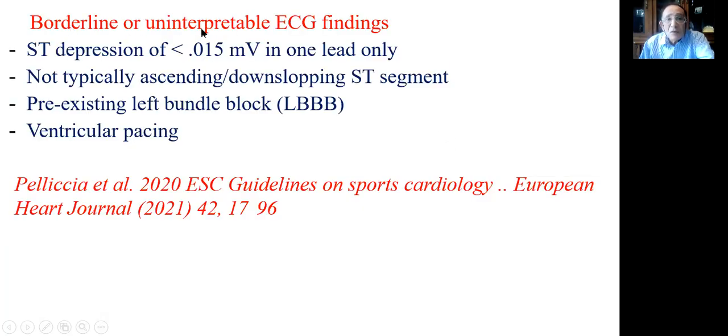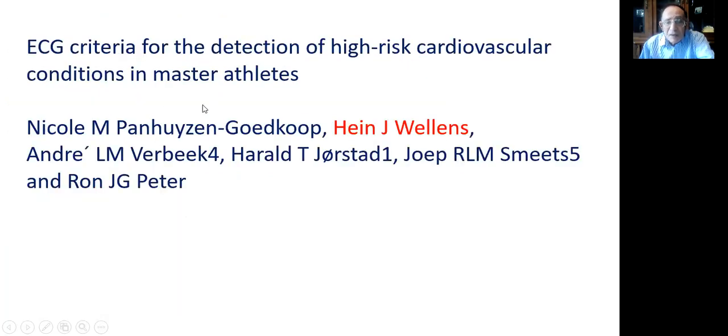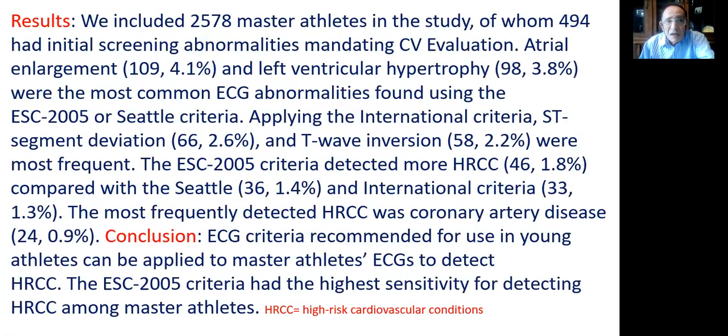The borderline or uninterpretable ECG findings: ST depression less than 0.15 millivolt, not typically ascending or down sloping ST, pre-existing left bundle block, and ventricular pacing. These are differences published about ECG criteria.